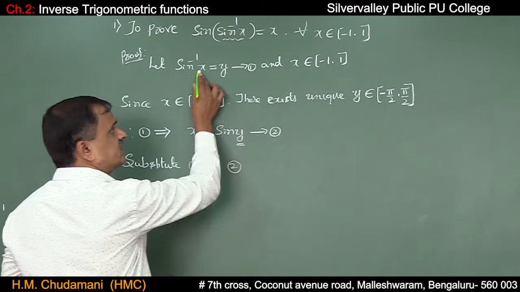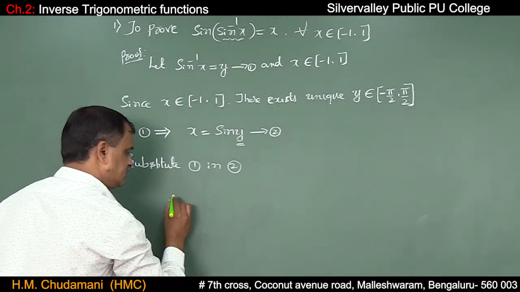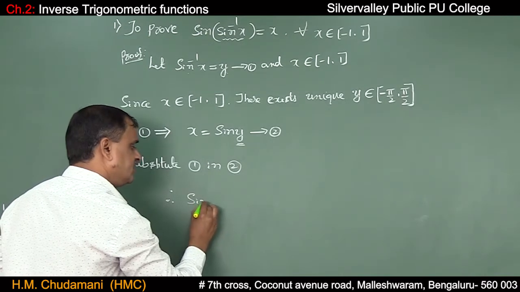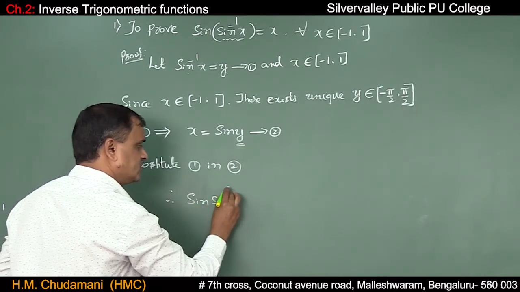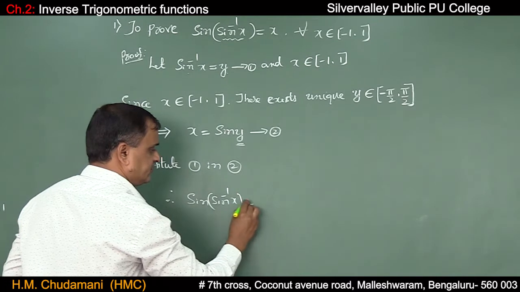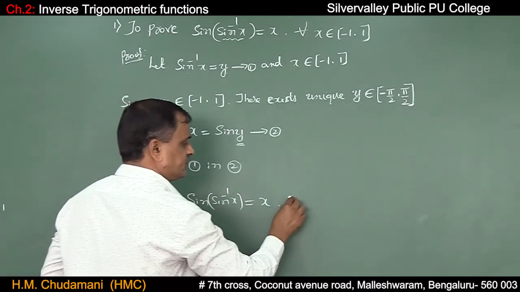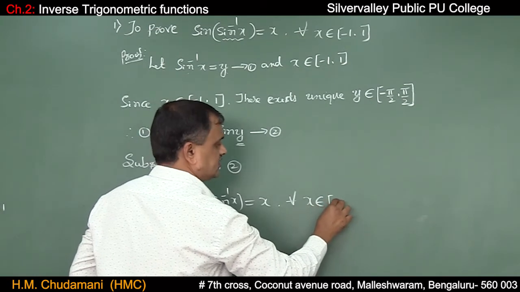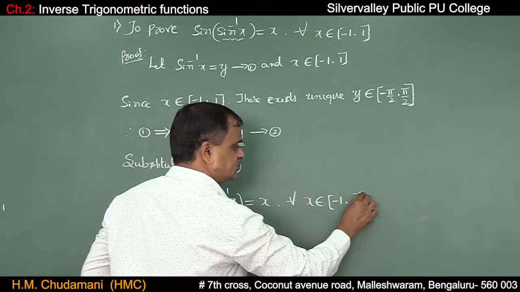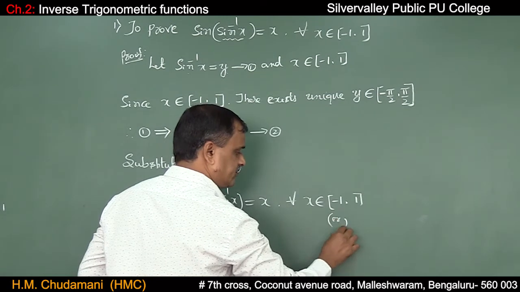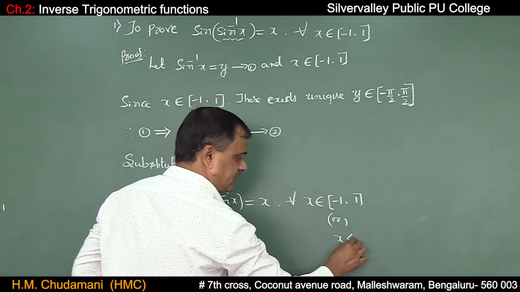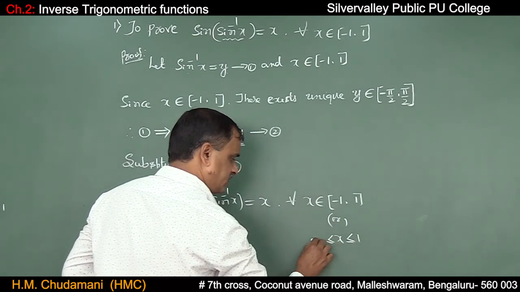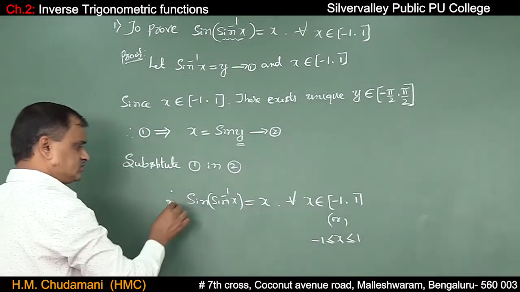In place of y, I'll substitute sine inverse x. Therefore, sine of sine inverse x is equal to x for all x belongs to the closed interval minus 1 comma 1. Instead of this, you can write x less or equal to 1 and x greater or equal to minus 1. So both are same.